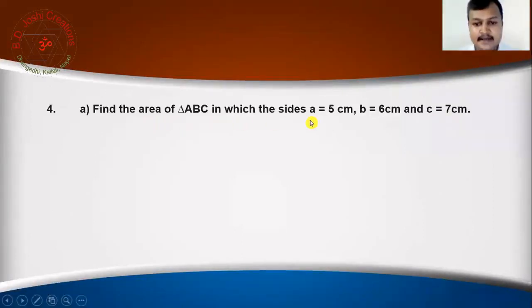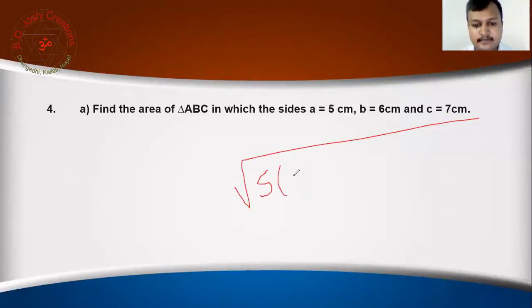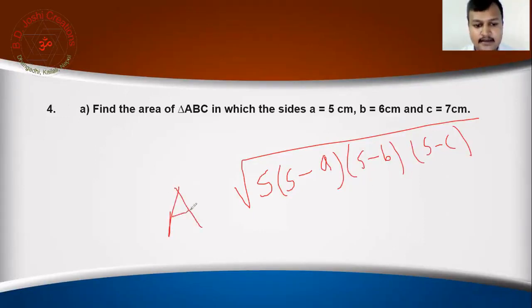And for a scalene triangle, we have to use the formula root over S bracket S minus A, S minus B, and next one S minus C. This formula we have to use here. And here the meaning of S is semi-perimeter. Before using this formula, we have to find out S.